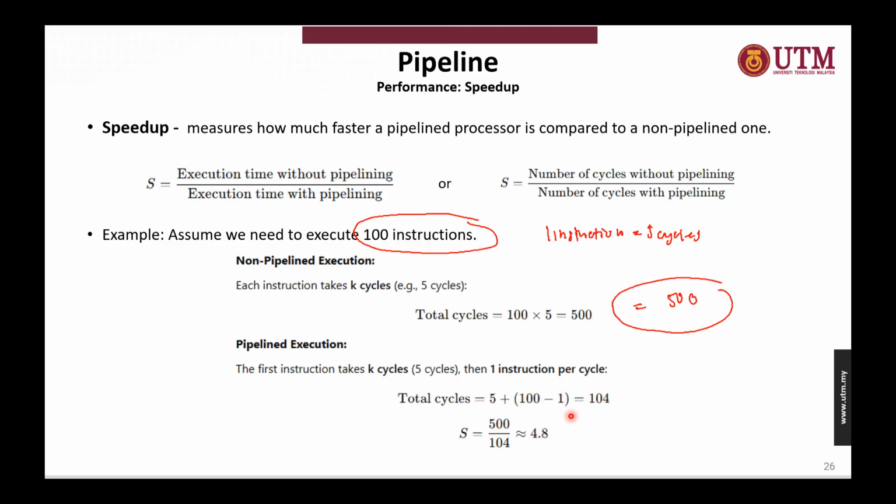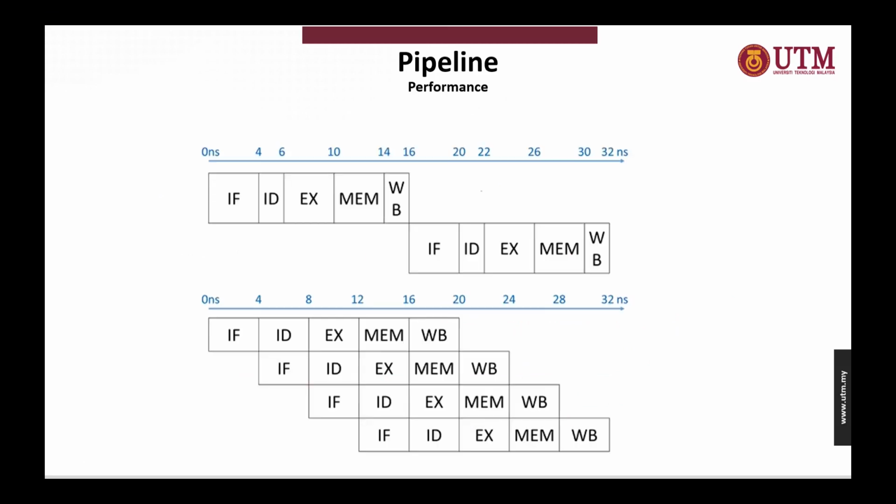Now we're going to find out the speed up from earlier. First, we take 2 instructions. What is the execution time for the 2 instructions?